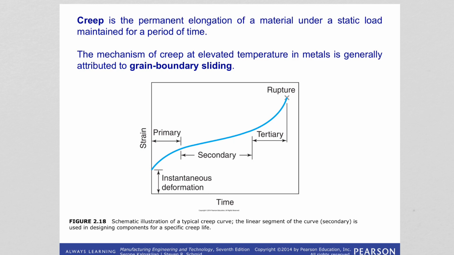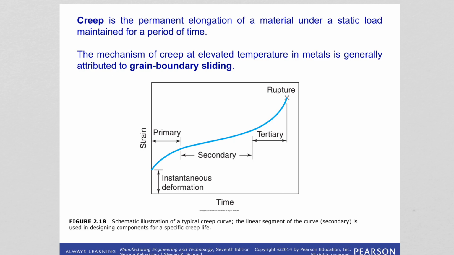So creep, what is creep? Creep is the permanent elongation of a material under a static load maintained for a period of time. It is a slow, continuous deformation with time ending in fracture. One example, in everyday life, is a tungsten filament that sags over time under its own weight, and the turns of the coil touch each other and the lamp burns out.